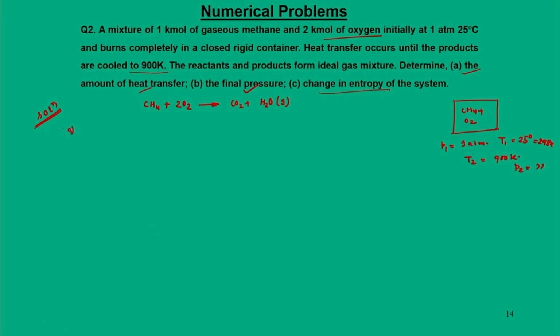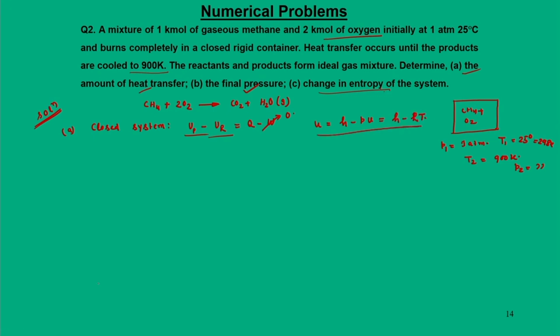So, first we can directly write the equation for the closed system. When you write UP, that is the internal energy of the products, minus internal energy of the reactants, it is equal to Q minus W. Here W is 0. Now this U is nothing but H minus PV, and since we are using an ideal gas, we can write H minus RT.